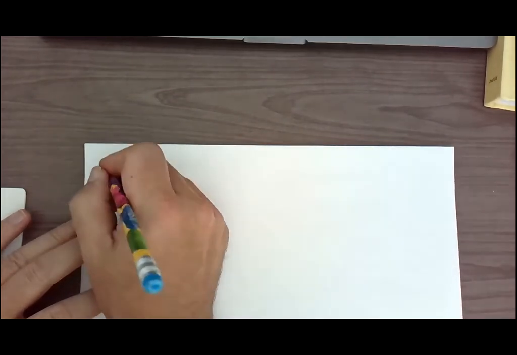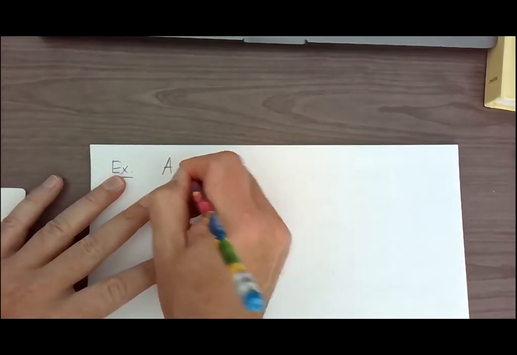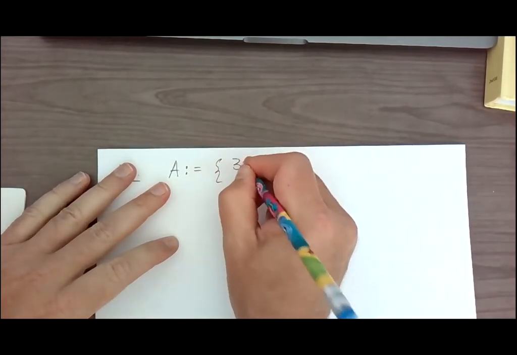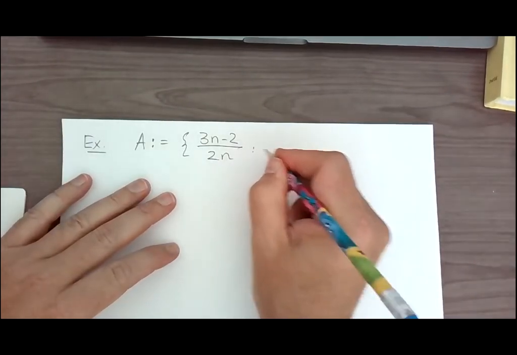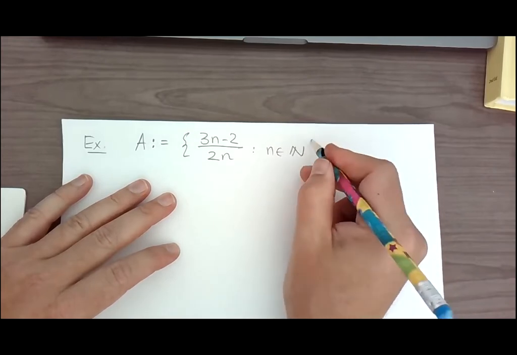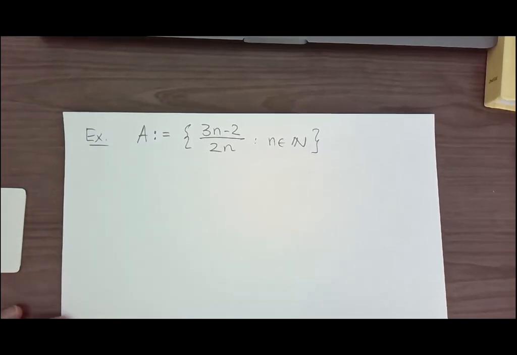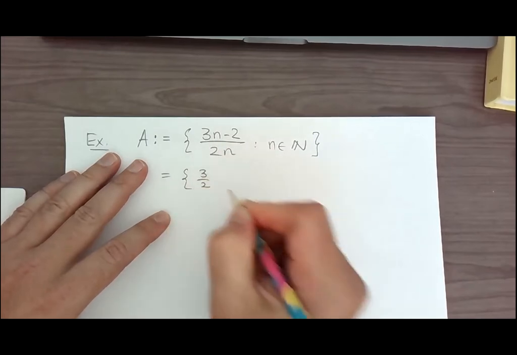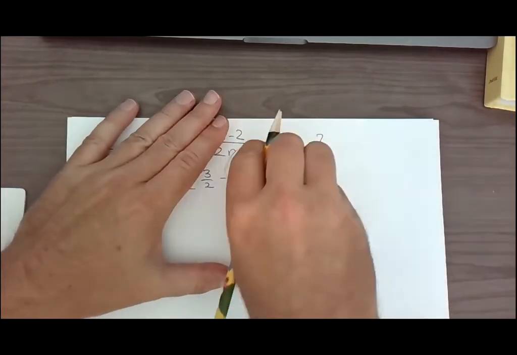What would I get if I would take an example like (3n minus 2) divided by 2n, where n is a natural number? So I could factor out here. This would be 3 divided by 2 minus 2 divided by 2n, right? So that's minus 1 over n.